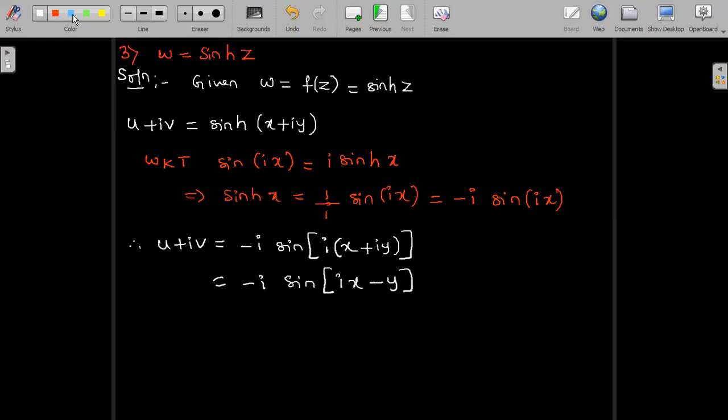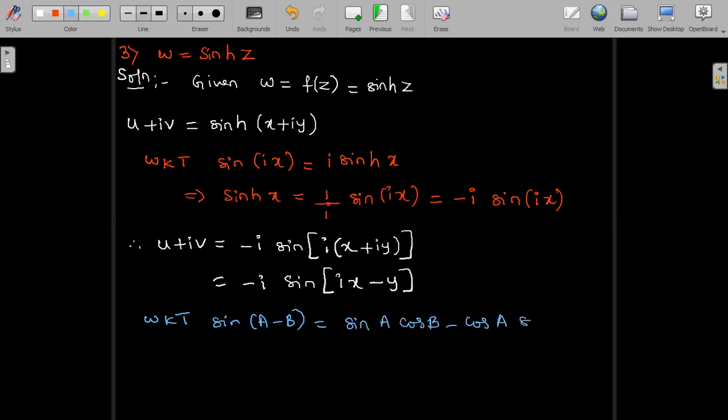So we'll again use the formula for sine of a minus b. We recall the formula first. We know that sine of a minus b is equal to sine a cos b minus cos a sin b. So using this formula, we need to apply it and write down.